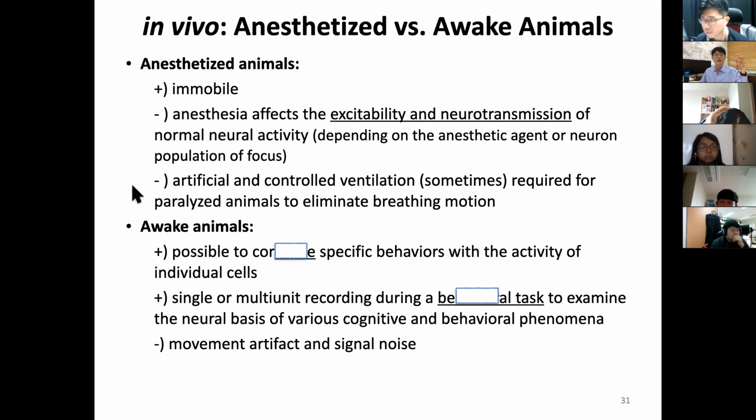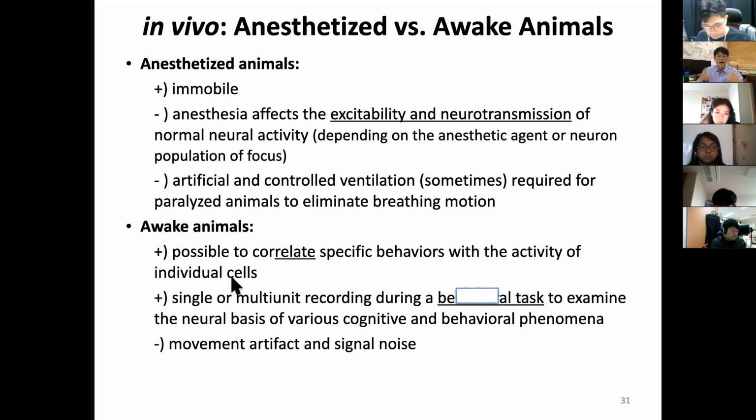Ultimately, the whole field is going toward what's happening in an awake animal. Of course, this is more difficult. Why? Movement artifact and signal noise. However, awake animals are the ultimate goal, so that we can correlate behavior to the neural activity of individual cells. This is fascinating. Hey, I'm doing this behavior, let's say fear behavior. Can I identify a fear neuron?